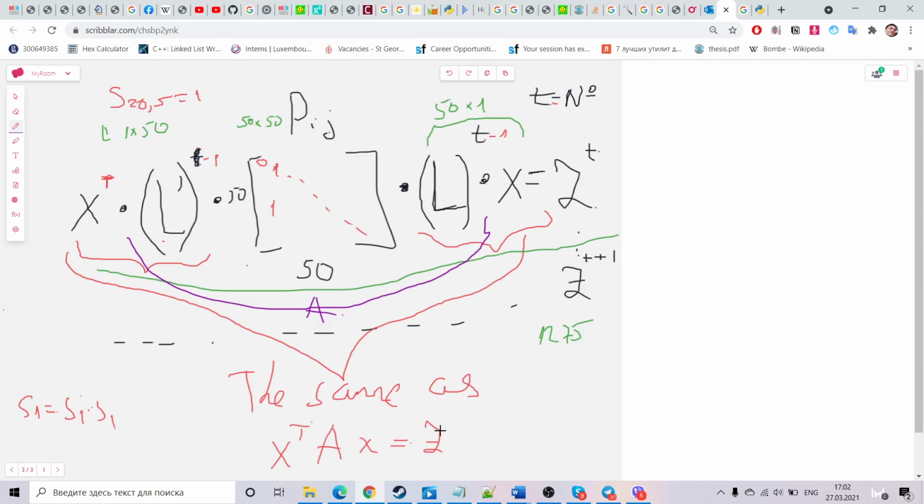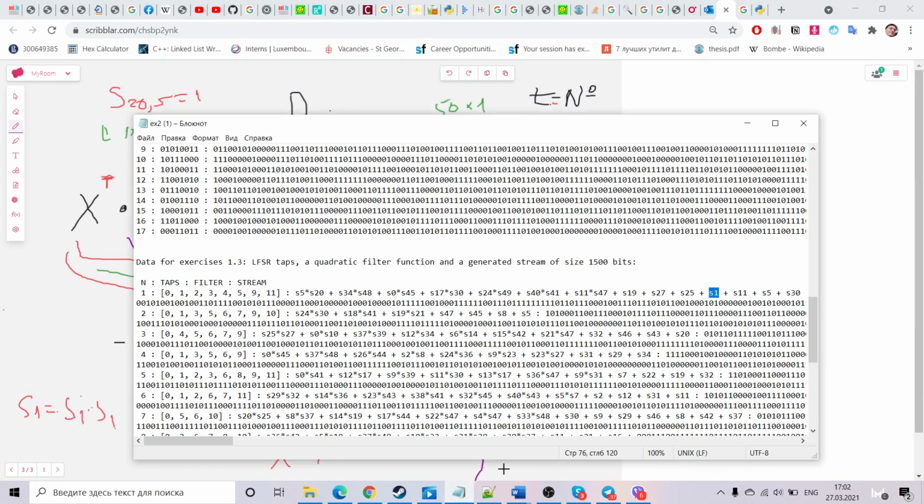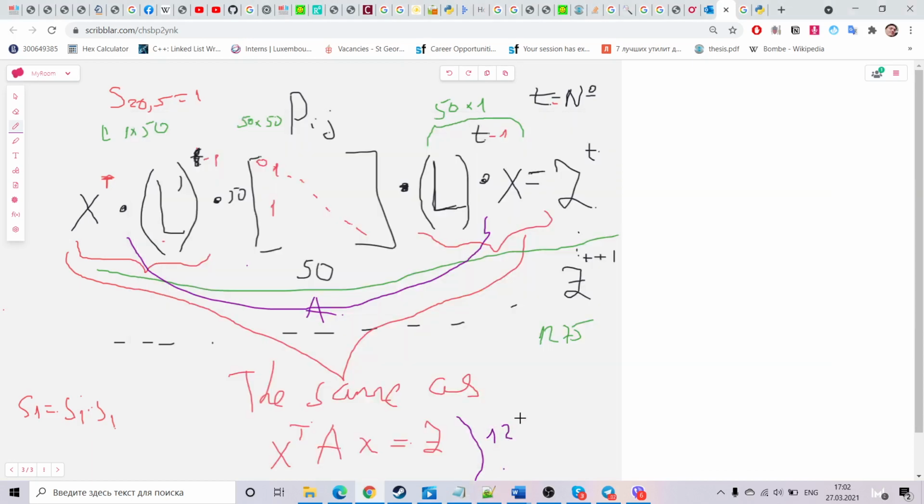But we should have many such equations, around 1275 such rows, and how to convert it to such a matrix, I don't know.